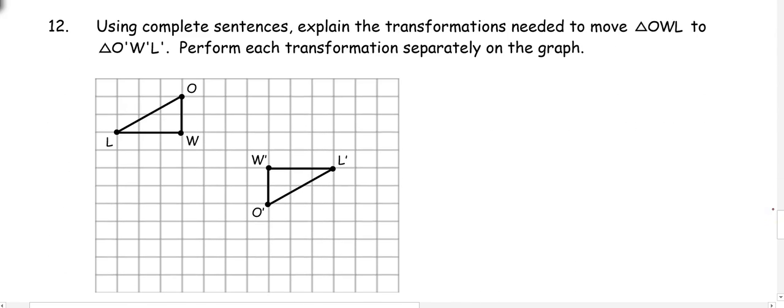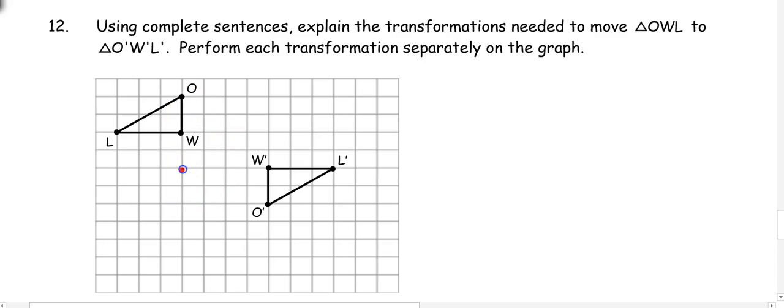Number 12, using complete sentences, explain the transformation needed to move triangle OWL to triangle O prime, W prime, L prime. Perform each transformation separately on the graph. So first, I need to rotate this triangle around. So I'm going to say that I want to rotate, and I want O to get all the way down here.